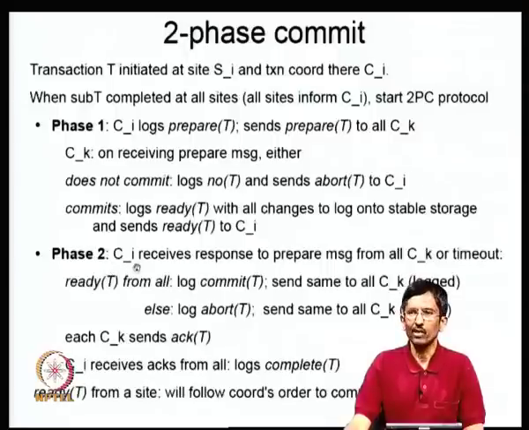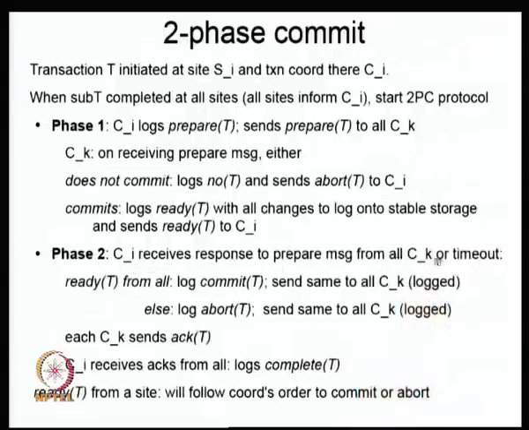Now, in phase 2, the coordinator receives a response to the prepare message from all sites, or a timeout. Basically, it waits for some time, because the reason why there is a timeout is that things can also fall apart as things are going on.